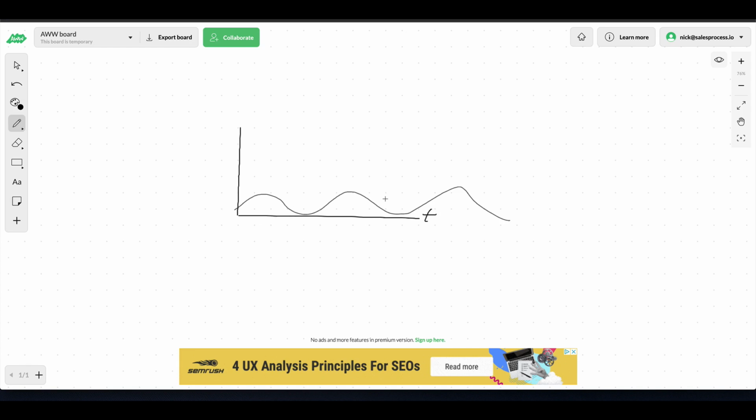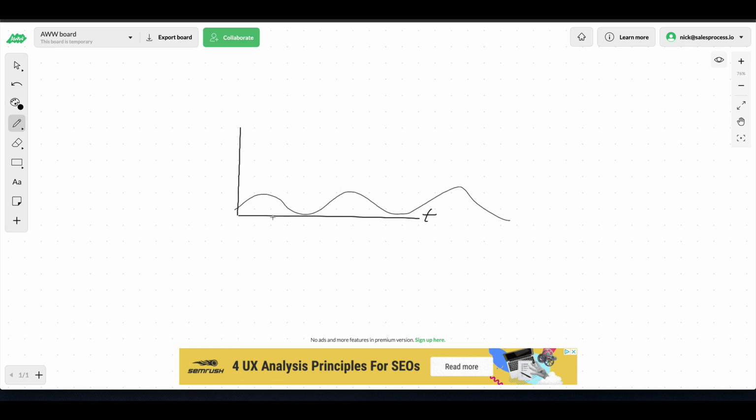Let's say the customer is just moving around. The environment is acting on this customer, okay? So if there's a new technology, a new competitor, a new trend, new regulation, new rules, let's say there's a natural disaster, a war, a famine, a virus, something, it affects this customer's position.